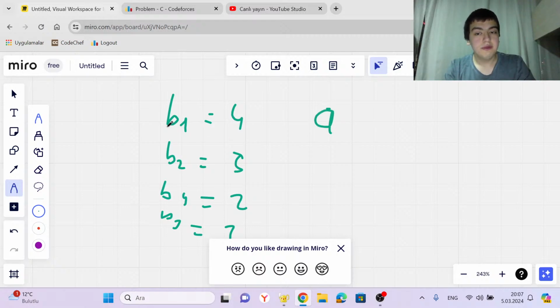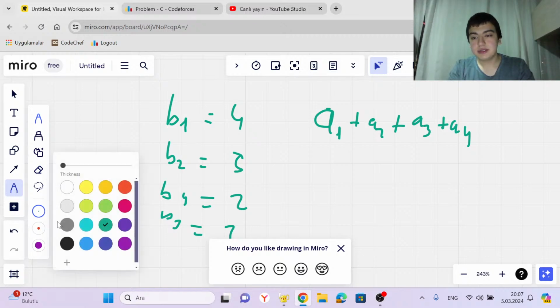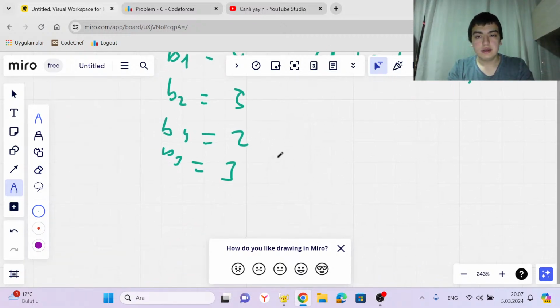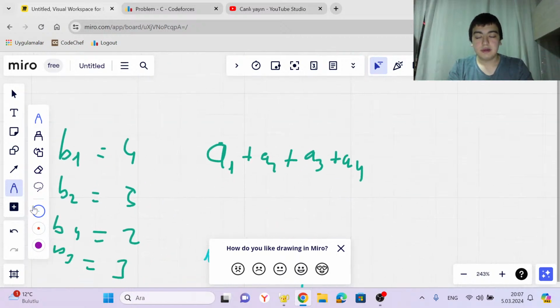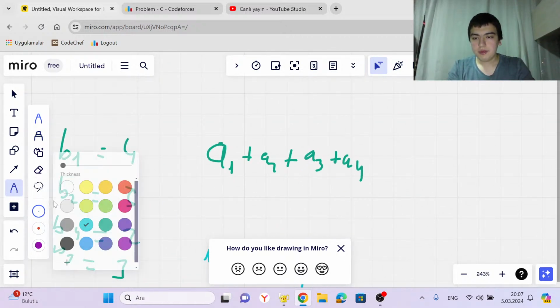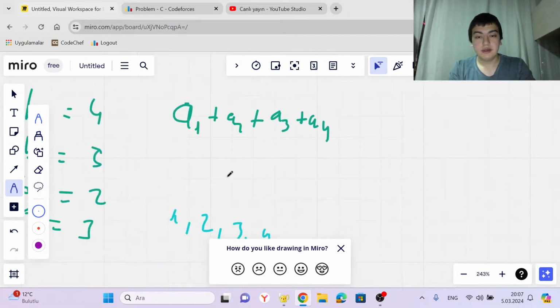So if we read in this order, the value that comes from A's will be A1 plus A2 plus A3 plus A4. If we read the messages in order like 1, 2, 3, 4, we will spend A1 plus A2 plus A3 plus A4 minutes for A's.